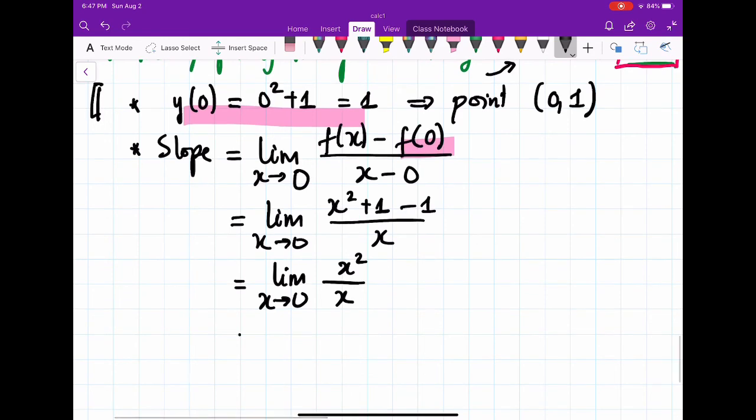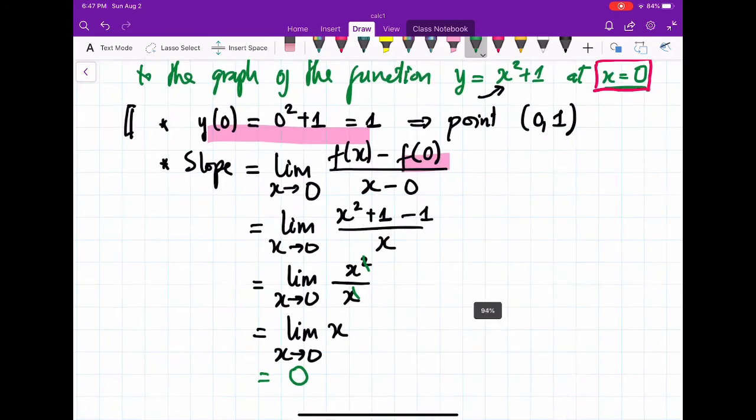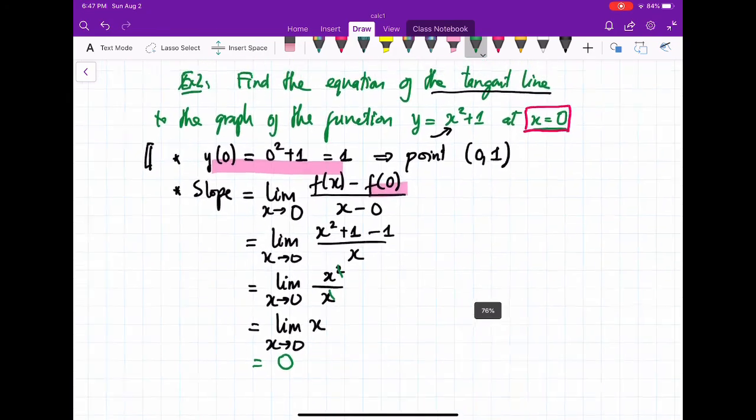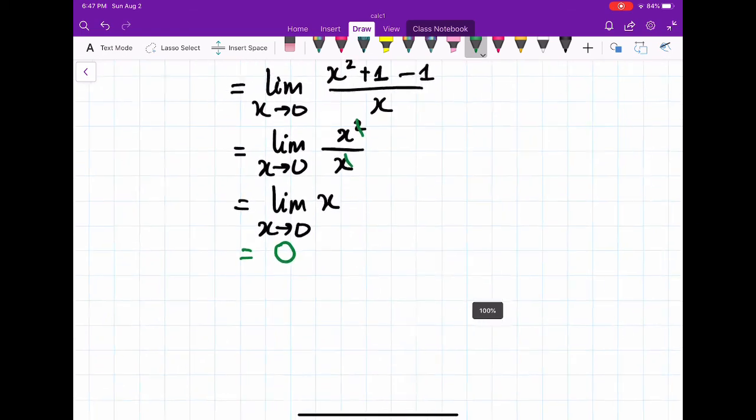That is the limit of x, x approaches 0, because I simplify one x. So this is just 0. That means the slope is 0. We have the slope and we have 1 point, so we can write the equation.